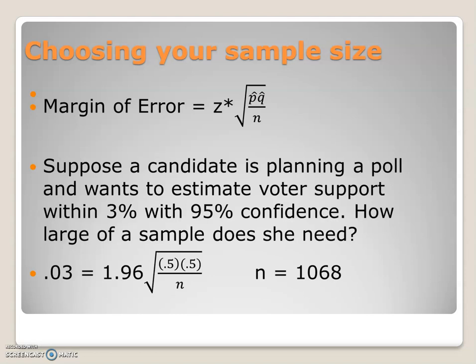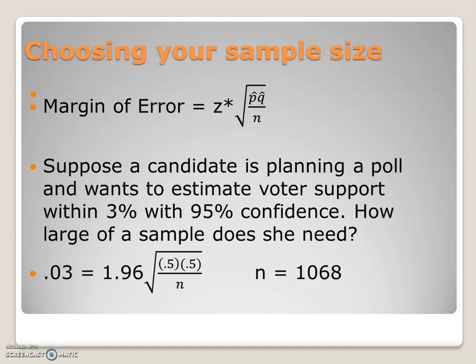So if it needed you to work backwards, I've seen problems like this. Suppose a candidate is planning a poll and wants to estimate voter support within 3% with 95% confidence. How large of a sample does she need? So if she wants to be within 3%, that means she wants her margin of error to be 3% in either direction. She wants it to be 95% confident. The Z-score for 95% confident is 1.96. I'm going to show you how to calculate that on the next page. For now, just know it's 1.96. To estimate voter support, in this situation, either they are going to vote for this person or not.